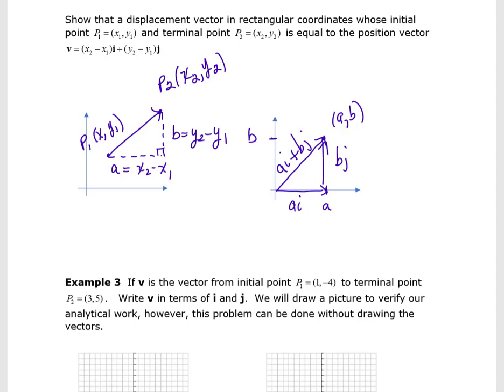Right? We now have a vector that has the same length, the same magnitude. We've just basically moved it, right? We've repositioned it so that its initial point is at the origin. And we can do this with any vector.